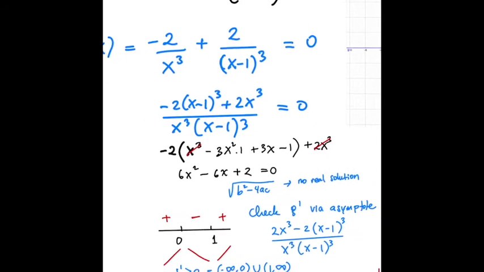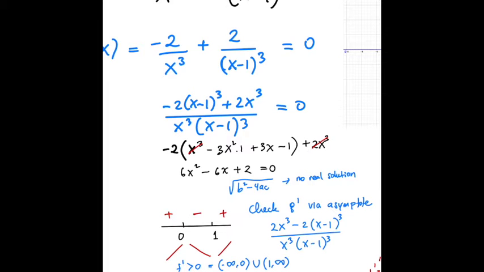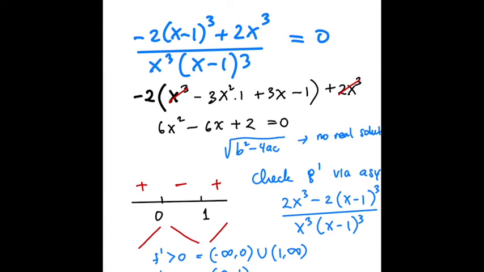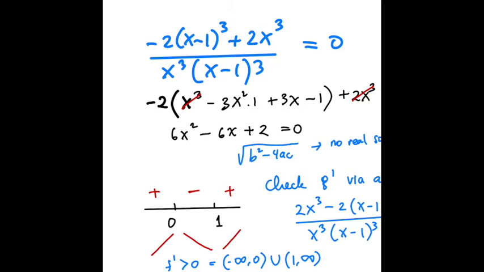And from here we still need to check whether g prime is greater than 0 or less than 0. So based on our asymptotes 0 and 1, we check all the possibilities of the signs.